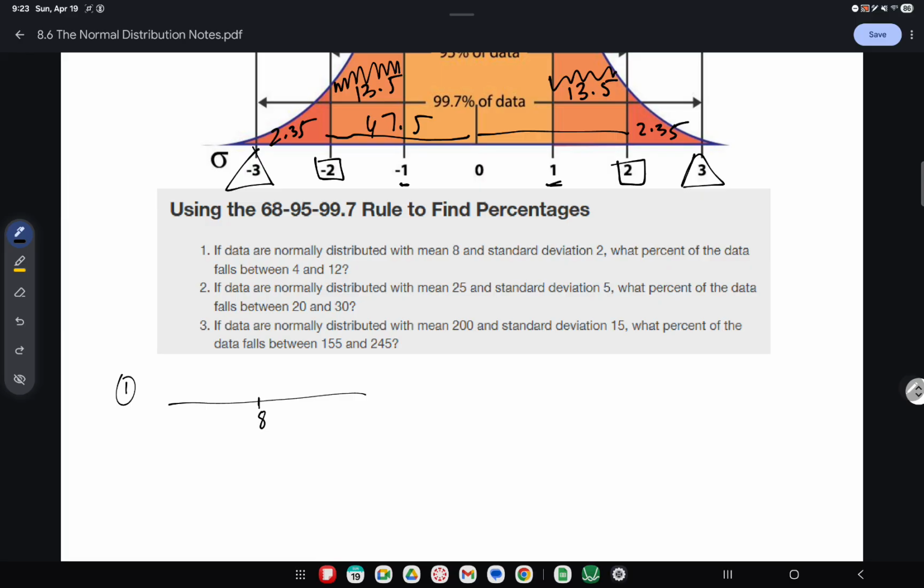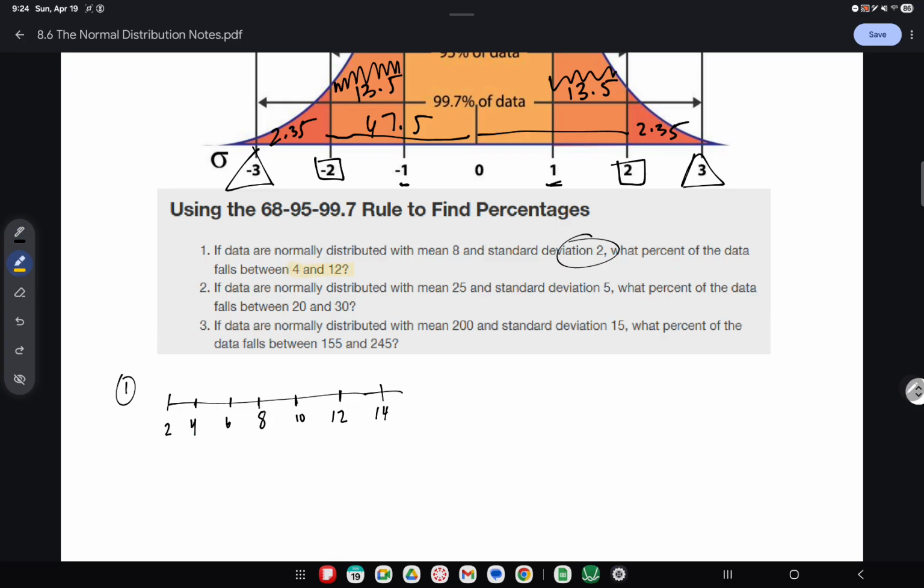I can go out 3. Standard deviation is 2. So 8 plus 2 is 10. Plus 2 is 12. And plus a third is 14. And then I'll go the other side. This time I'll just subtract 2. So 6, 4, and 2.